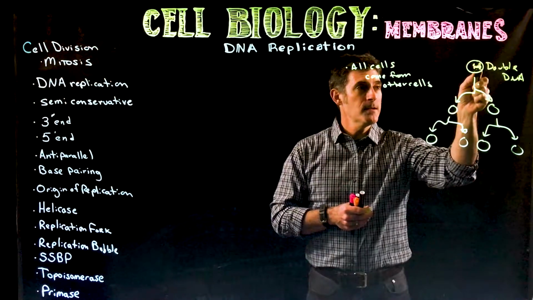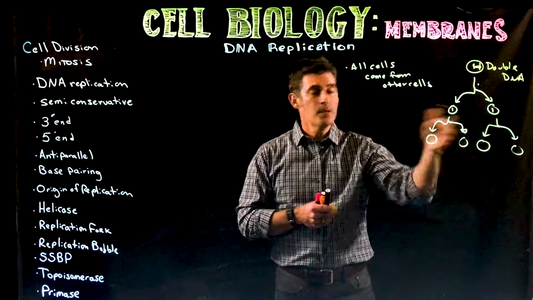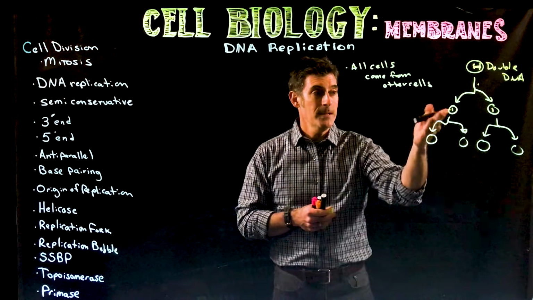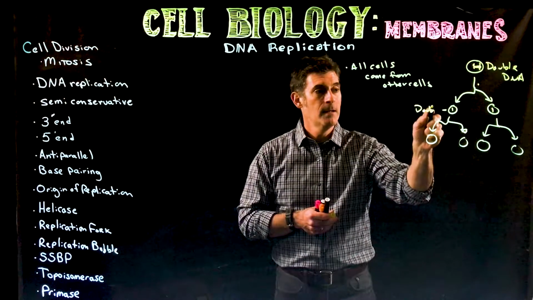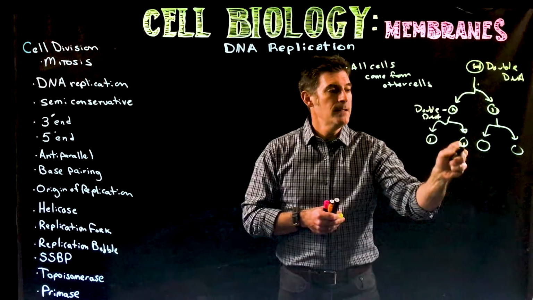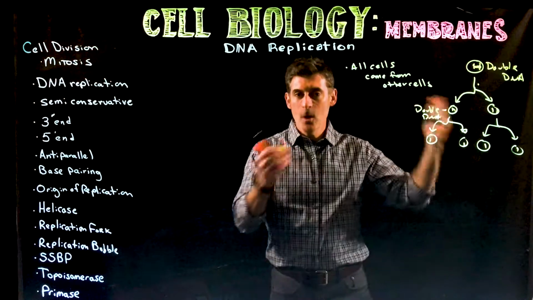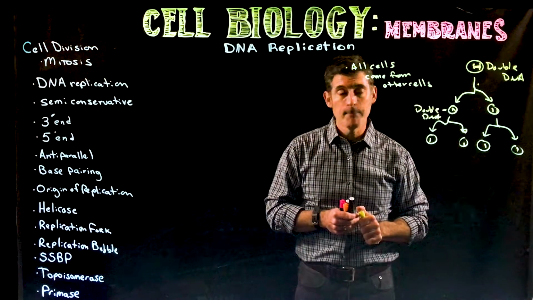Once that division occurs, we can get a new chromosome into each of these cells. If another division is going to take place, then we have to double the DNA again, and then we can divide these equally into other cells, and so on. This process would have to keep occurring over and over and over again.